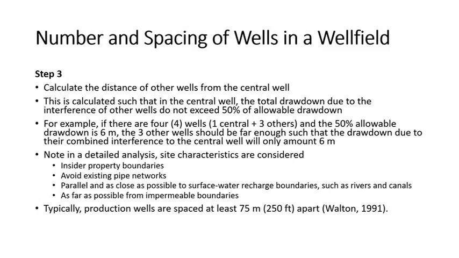For example, say you have four wells to design. That would mean that you will have one central well and three other wells on the periphery. And say, for example, that 50% of the allowable drawdown is 6 meters.